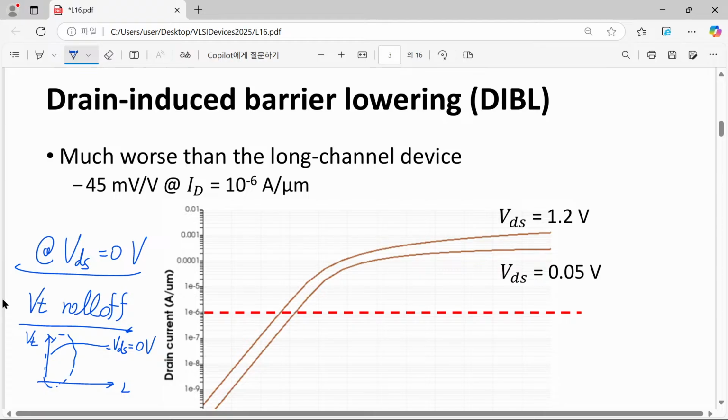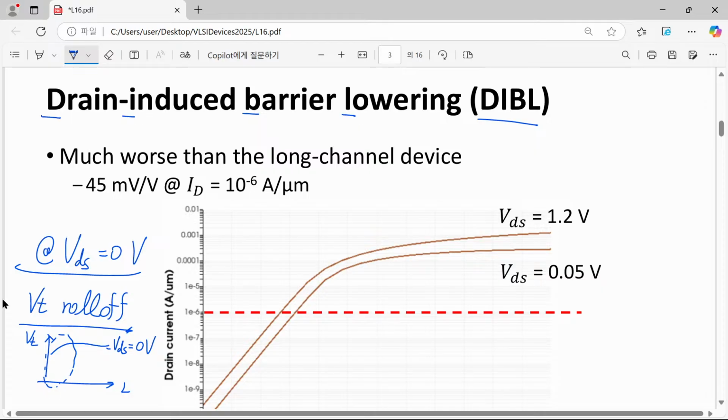However, in this slide we are now talking about a phenomenon called DIBL, drain induced barrier lowering. DIBL is one of the most important quantities in our technology, not for improving our performance, but as a degrading factor of our performance.